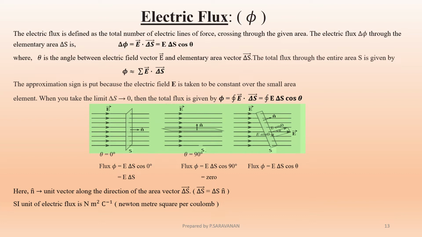The n cap vector is the unit vector along the direction of the area vector delta S. Also, delta S vector is equal to magnitude delta S into n cap. Now, what should be the SI unit of electric flux? You can guess. It must be the product of the SI unit of electric field and SI unit of area. Yes, the SI unit of electric flux is newton meter square per coulomb.